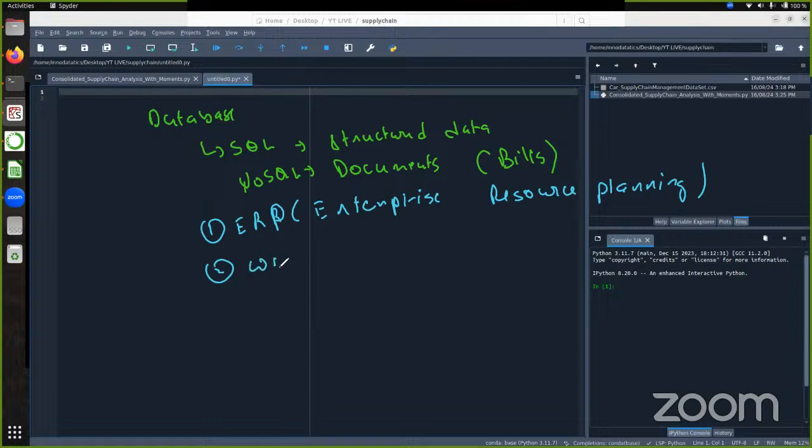Then we will also have something known as WMS, which is our warehouse management system. Obviously, warehouses play a major role in supply chains, so the warehouse management system is very critical as part of our data source. In this, we will have different stock levels.